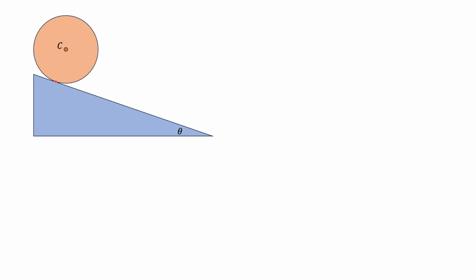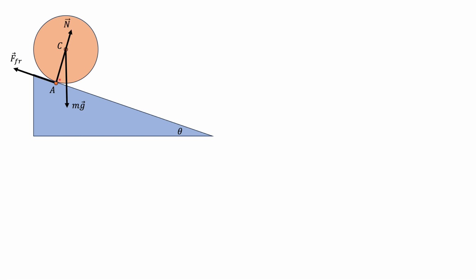So the first thing we have to do is to draw the forces. We have a gravity force that comes out from the center of mass, from the point C right here in the middle. We have a friction force applied at point A, the point of touching of the body with the slope.